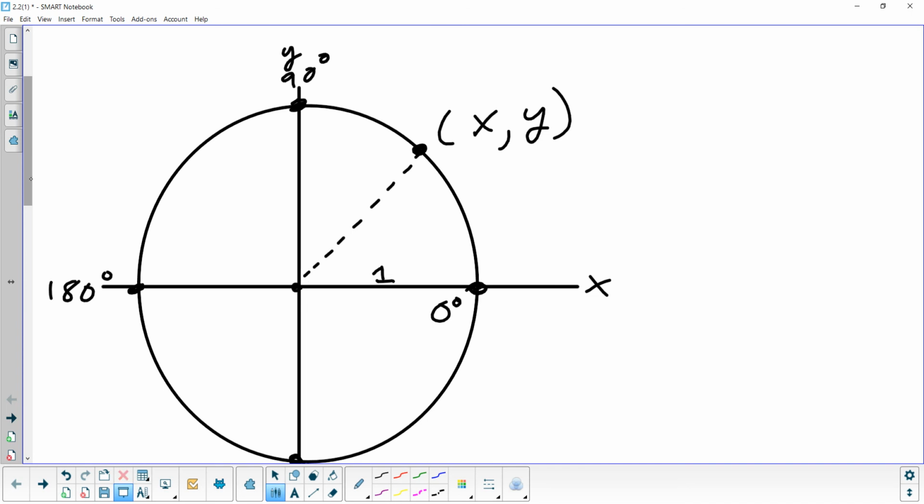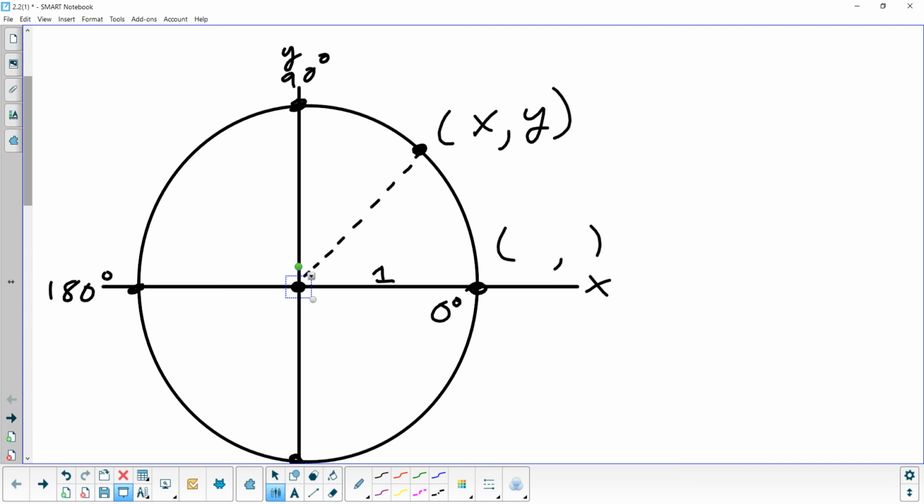Now remember, this circle has a radius of 1, and this is your origin right here, so that's 0, 0, where I just clicked. Can anyone tell me what the coordinate of 0 degrees would be? Keep in mind, you haven't gone up or down.